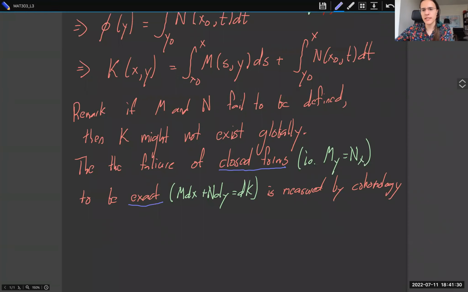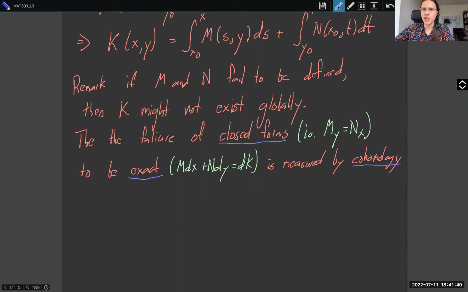And if you go on to study graduate topology courses, you'll know that cohomology is one way to talk about the shape of things. So for example, a cohomology can tell you how many holes there are where your function is not defined. And so this is studied in graduate topology courses.